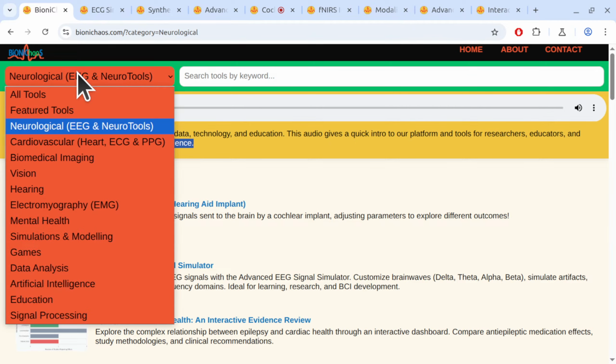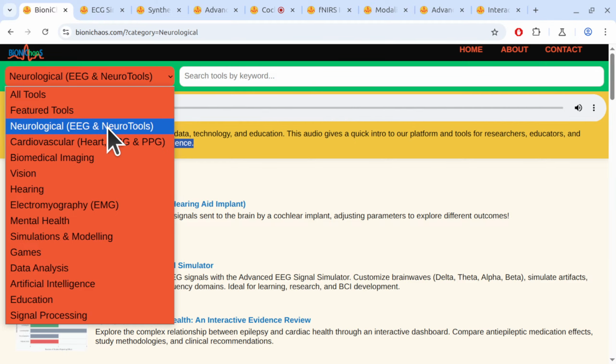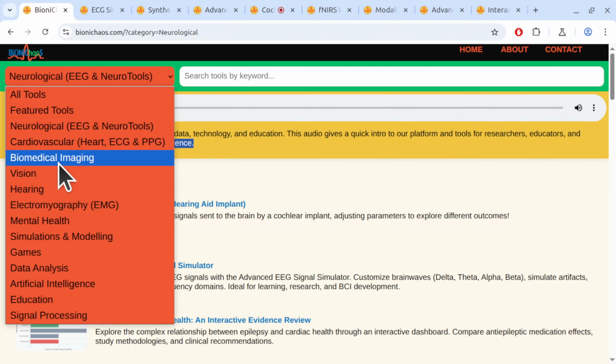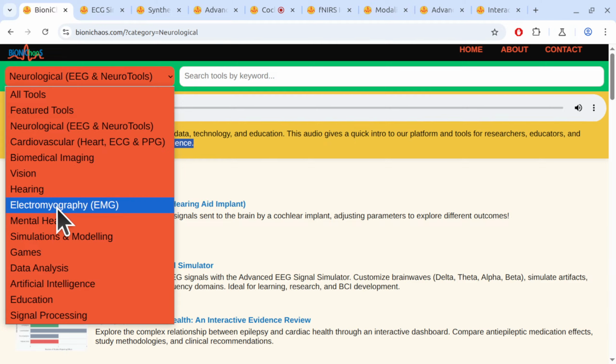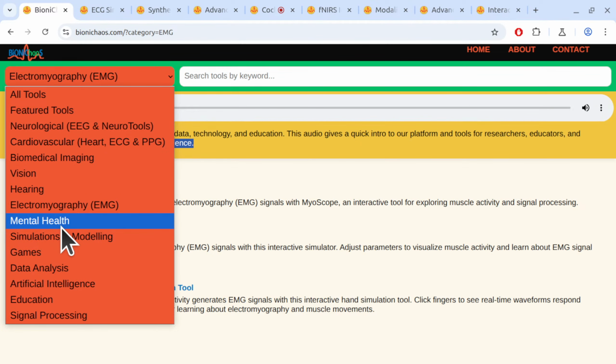If we can cover all the different topics we cover on bionichaos.com. So we have neurological, EEG, neuro tools, cardiovascular, heart, ECG, PPG. Then we have biomedical imaging, vision, hearing, EMG. Can include EMG as another section, comparing the EMG tools that we have to other existing tools out there.